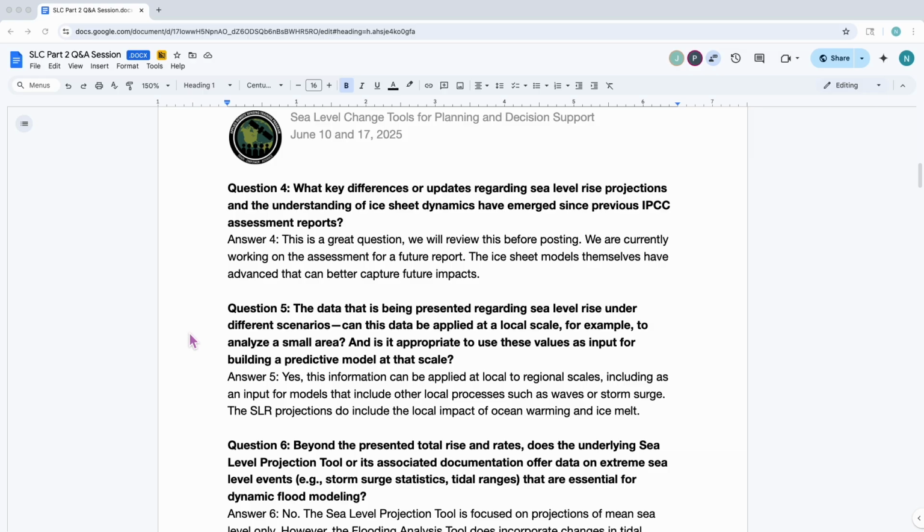Sorry, I was just trying to type and think at the same time. What key differences or updates regarding sea level rise have emerged since the previous IPCC assessment report? This is a great question. I may have to take this offline and think about my answer so that I give a thorough one.